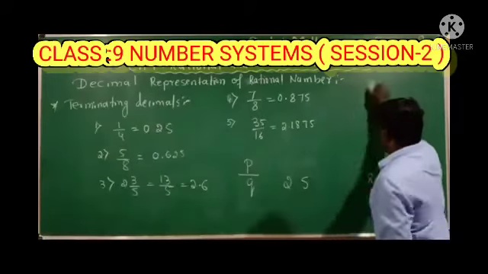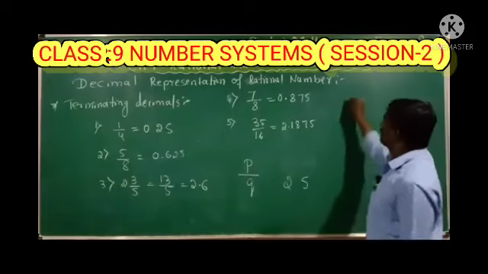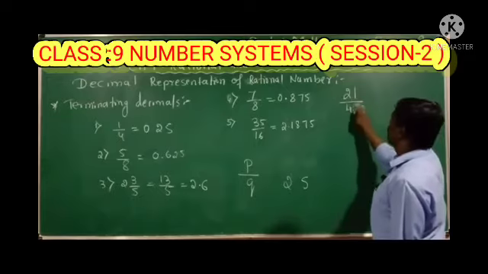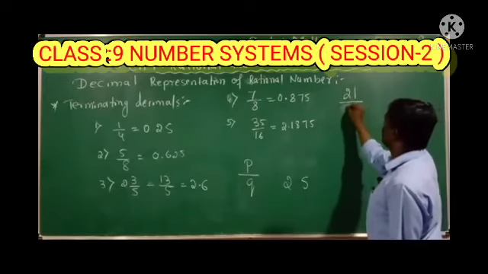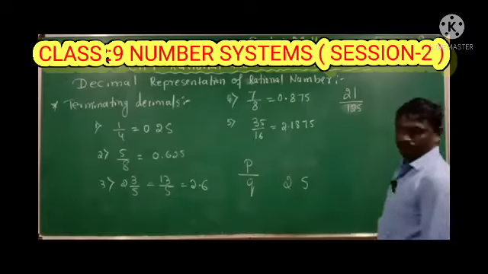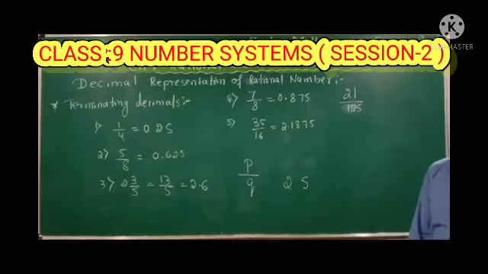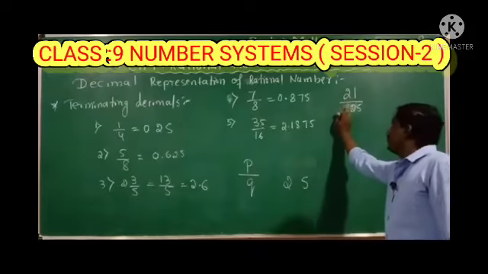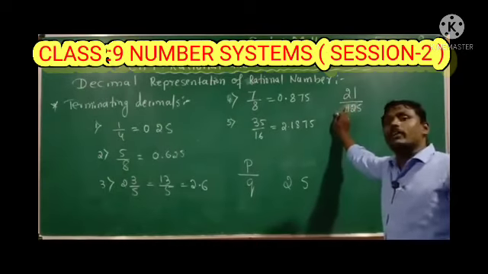Okay, now I will take one example: 21 by 125. Is it terminating or non-terminating?